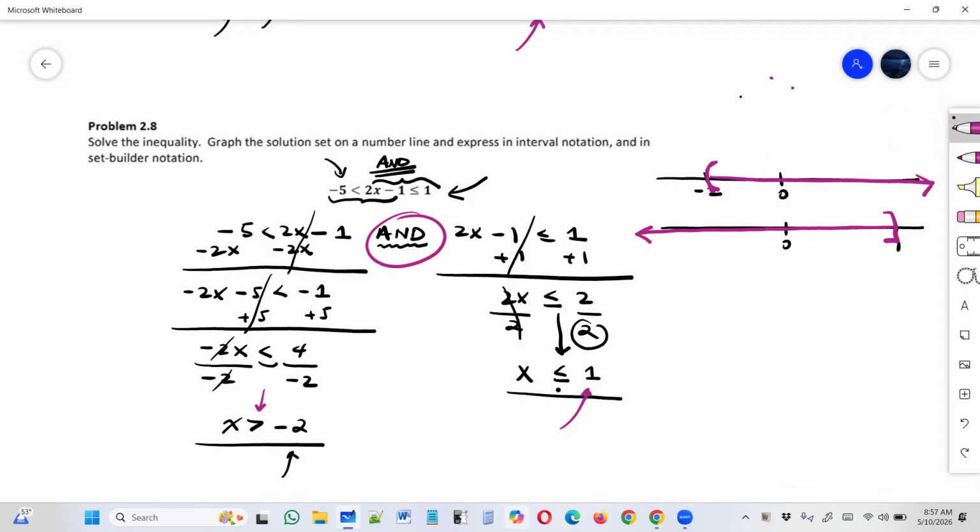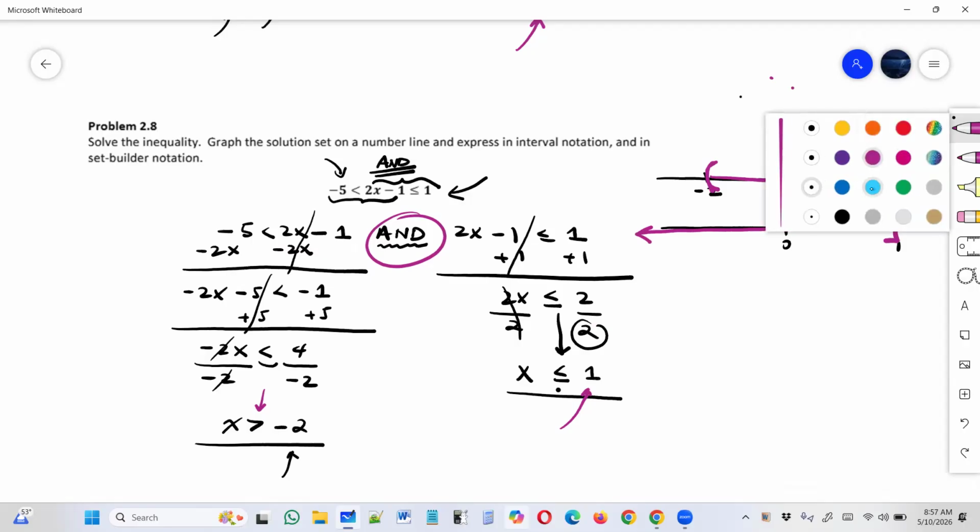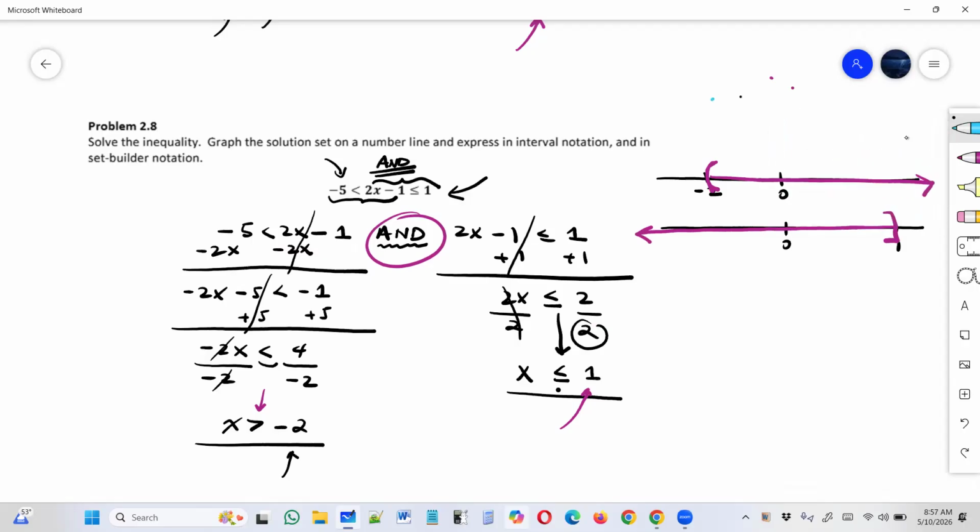So for the AND, I have to find the solution that exists in the same segment for both. So I'm going to divide this line into 3 parts for you to see. Here, here. So I have one segment here, one segment there, and one segment there.